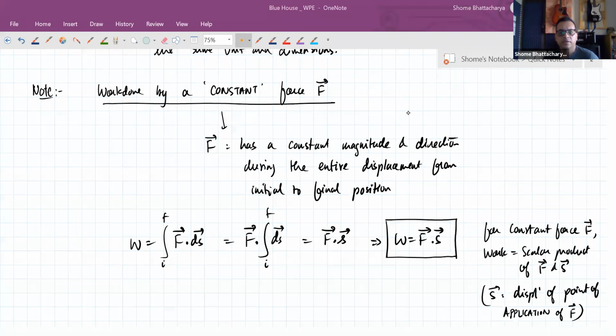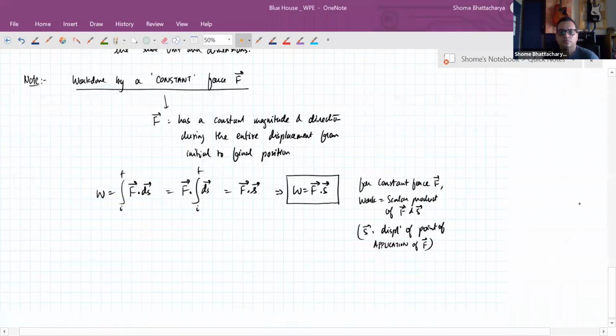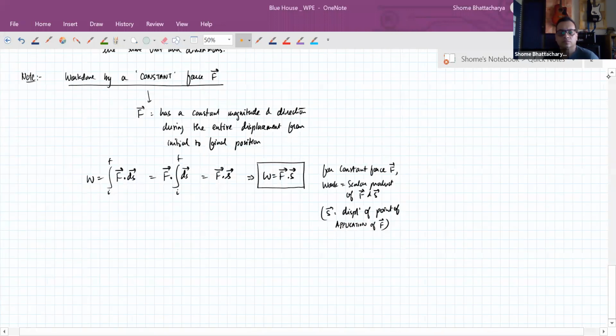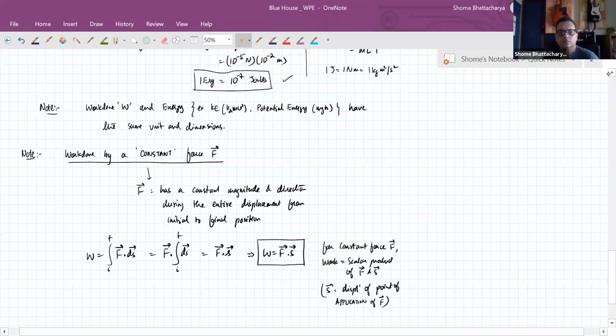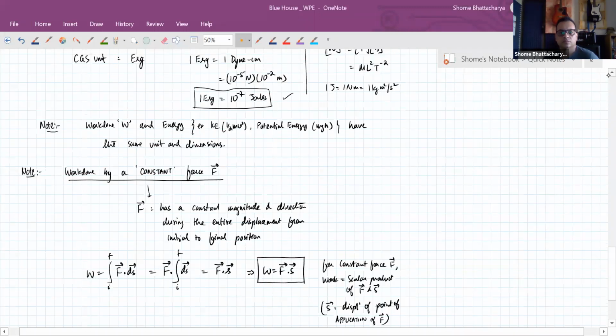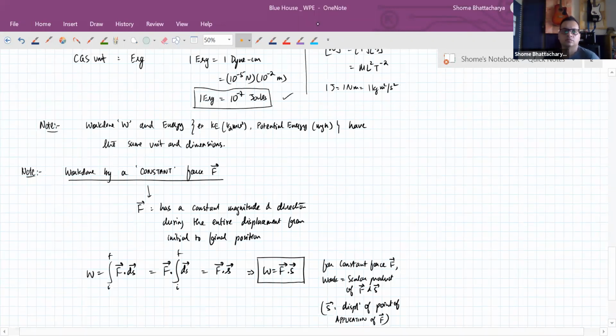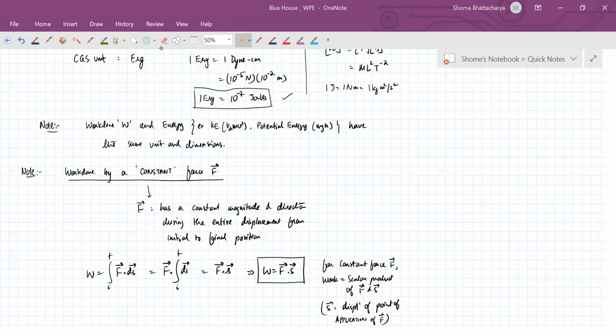Many of you have not written that, but first note down this section, then we'll come back to the part above. Okay, finish writing this down first.